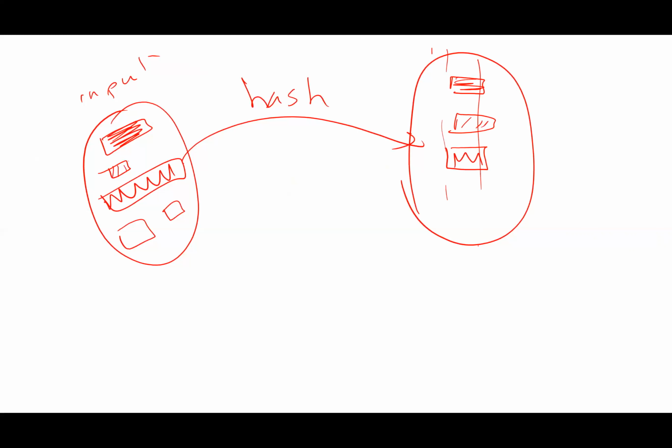Why is this useful to remember right now? Once I create a hash of an input, if somehow the contents of this input file change, the hash of it will change.